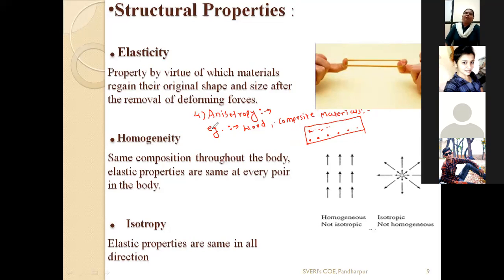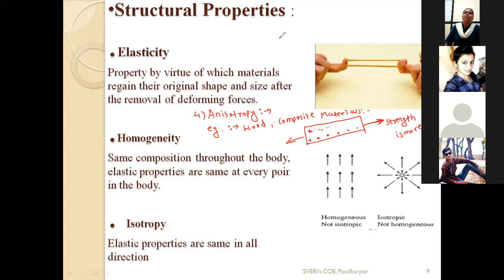Now, anisotropy means elastic properties are different at every direction. Now I am going to check strength along this direction. So steel is placed along this direction, and I am checking strength also. At that time strength is more.